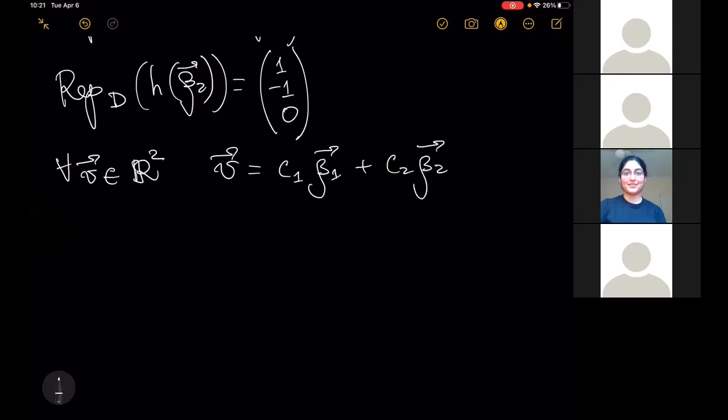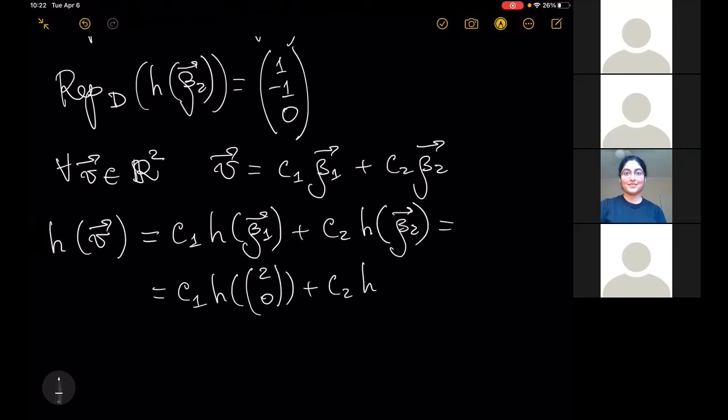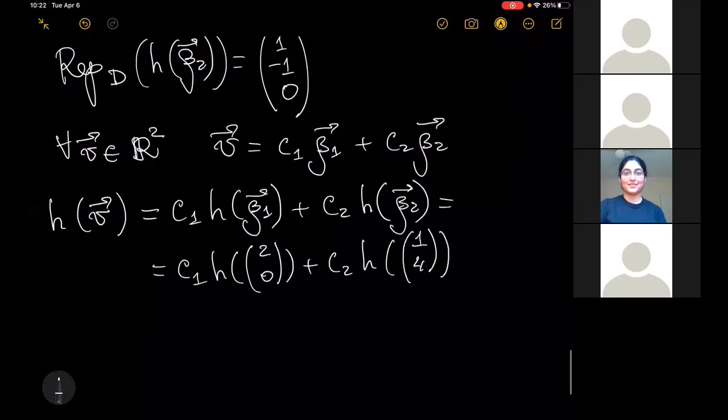As a result, when I apply my homomorphism to this vector, using linearity I will write C1 H of (2, 0) plus C2 H of (1, 4).